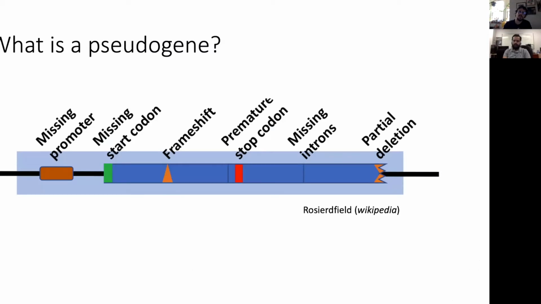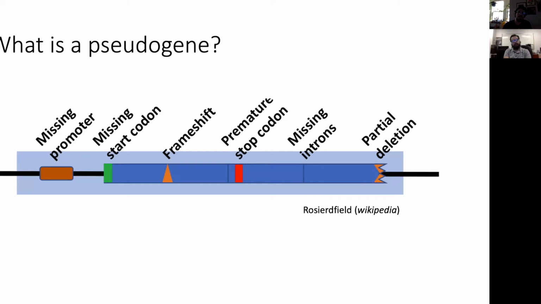Okay, so what's a pseudogene? A pseudogene is a gene that, if you look at the sequence, appears to be homologous or related to a gene, but if you really study that sequence and compare it to reference sequences, you would notice there's something weird about it.